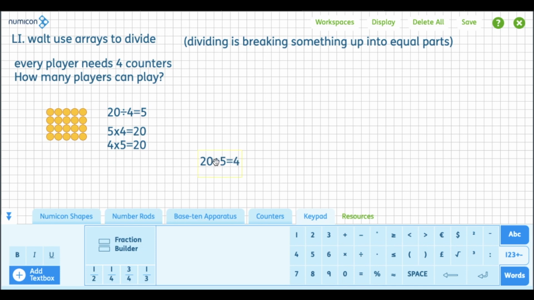So 20 divided by 5 equals 4. So now I've got my 2 dividing sentences and 2 multiplying sentences, okay? So for every array that we build, we can write 2 dividing sentences and 2 multiplying sentences, which is quite cool.